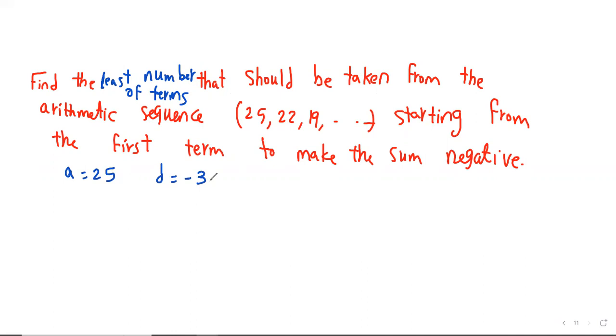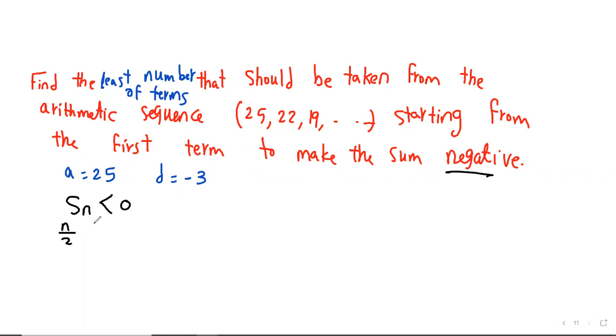And to get the least number of terms that should be taken to make the sum negative, in this case we have Sn less than 0, because the sum is negative.